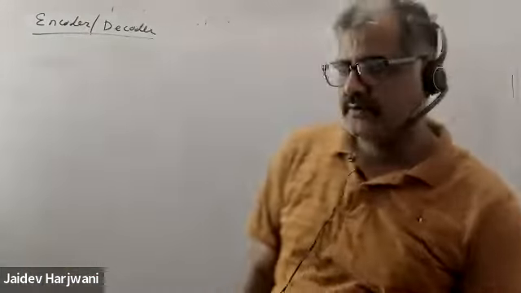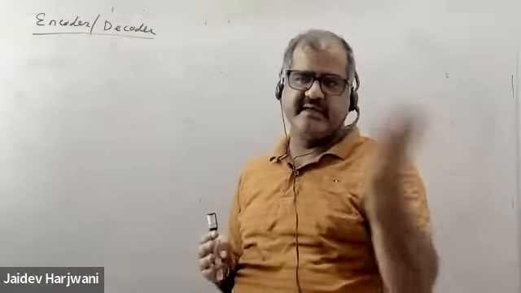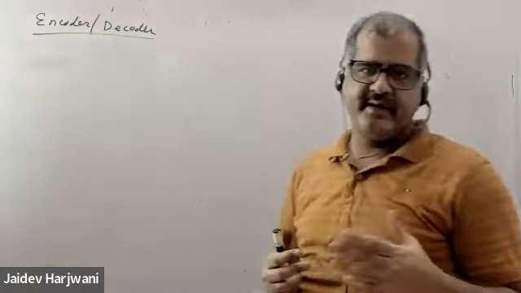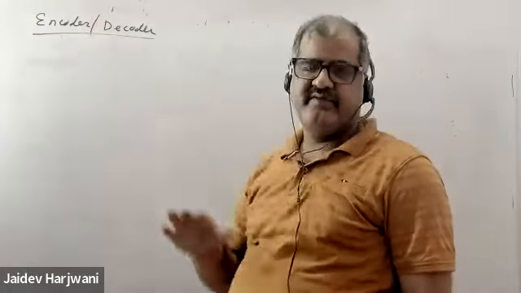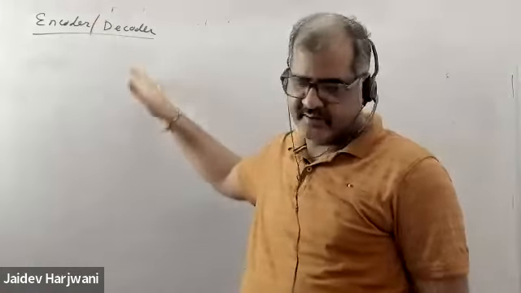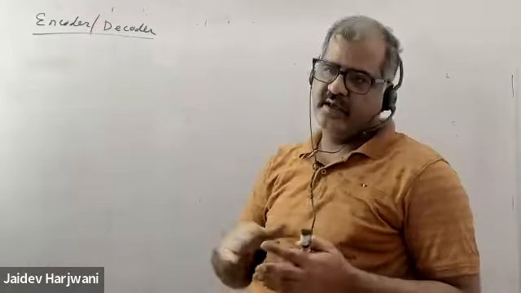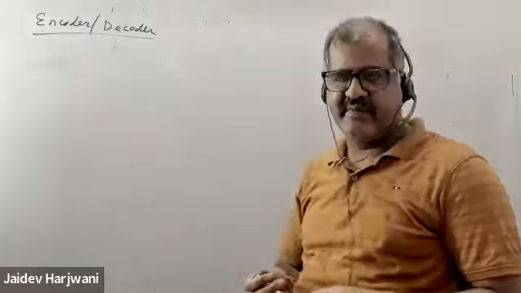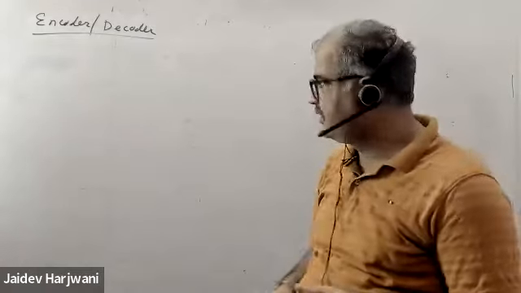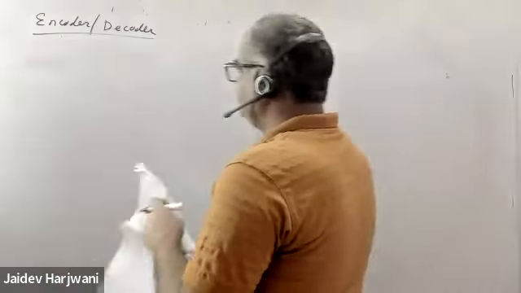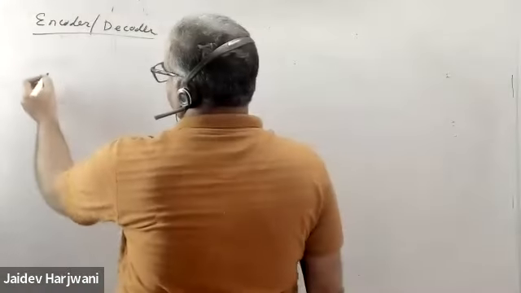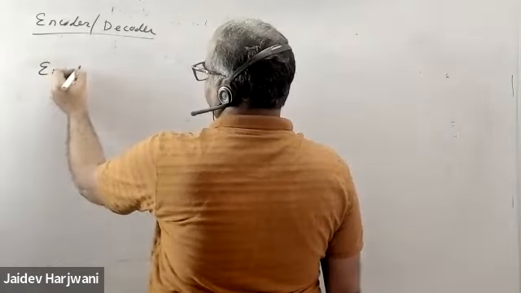So when we code something like decimal to binary, octal to binary, once you code, we need an encoder. If you want to decode, then we need a decoder. Anything is coded, you want to decode from one number system to another number system. So first put encoder. What is encoder?